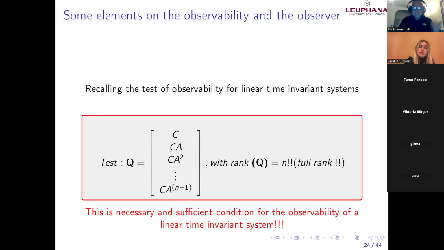But the necessary condition says that if the system is observable, then the matrix Q is full rank, meaning rank of Q equals n. The condition is in both directions. The engineers or the mathematicians understand very well what I intend, but I try to tell this concept to everybody.